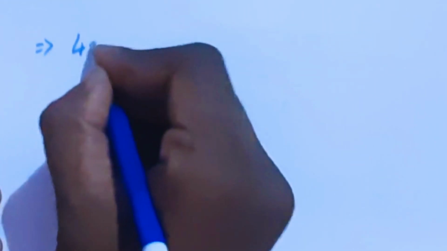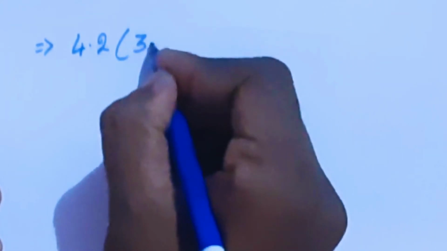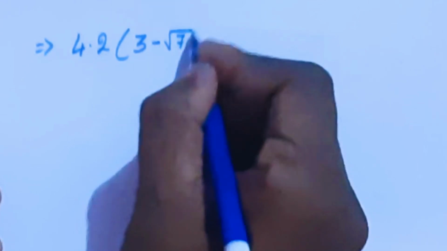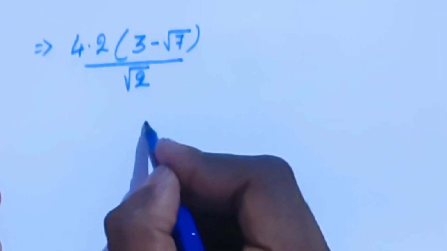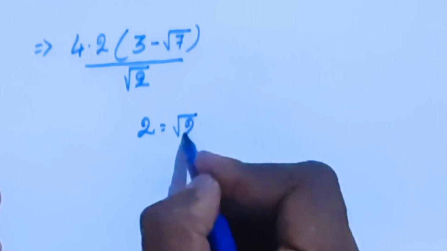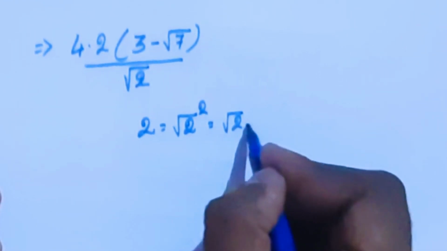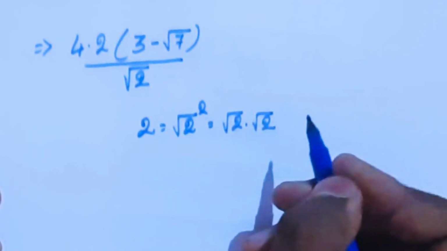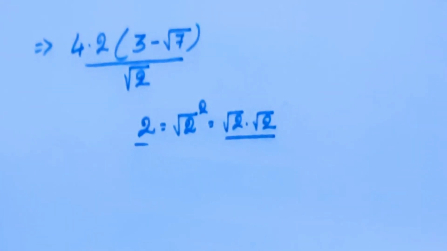Now 4 times 2 times 3 minus square root of 7, by square root of 2. Now this 2 can be written as 2 equals square root of 2 square, which is square root of 2 times square root of 2. So we are going to replace it with square root of 2 times square root of 2.